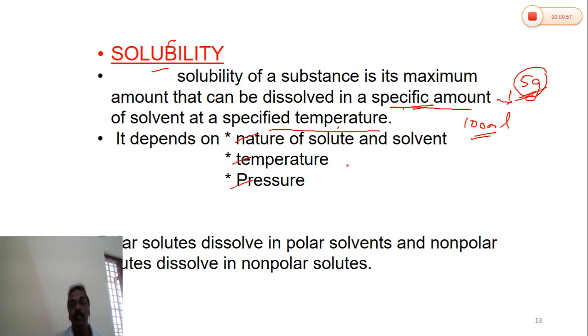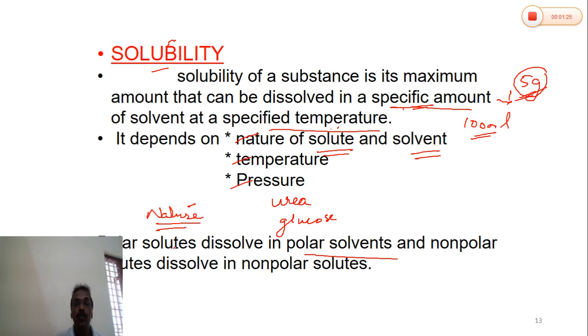Now, nature. When the nature of the solute and solvent changes, the solubility also changes. Solubility depends on the nature of a solute and the nature of a solvent. For example, solutes like urea and glucose do not have the same nature, so they have different solubility in the same solvent.